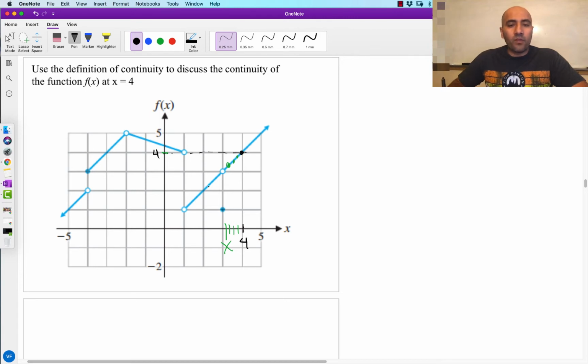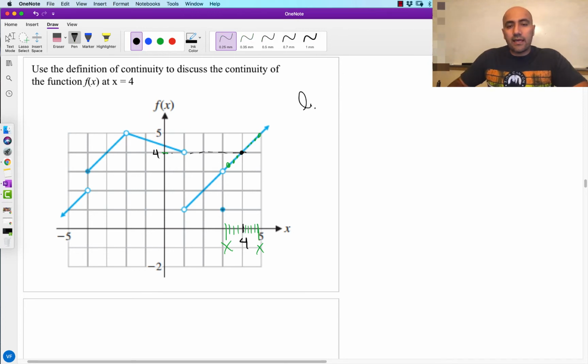And as I choose an x value on the other side, like maybe this value there, and then I slowly walk toward 4, but always from the right-hand side, the output values, again, are consistently heading toward the same value of 4.